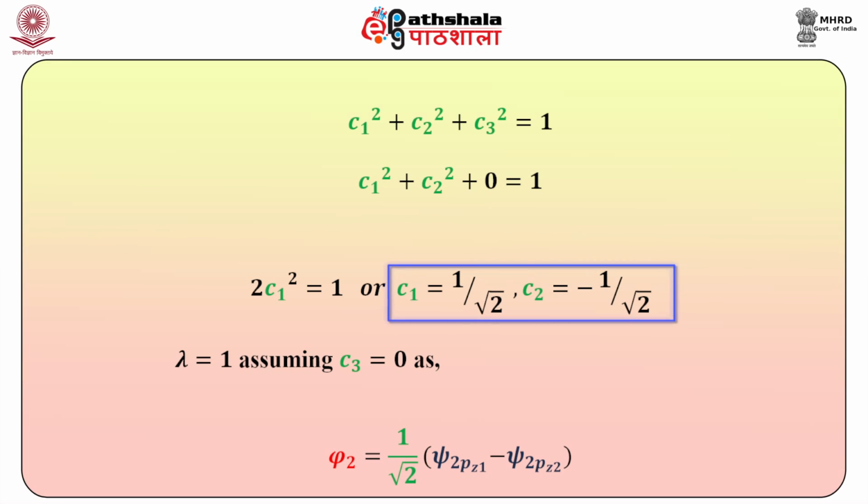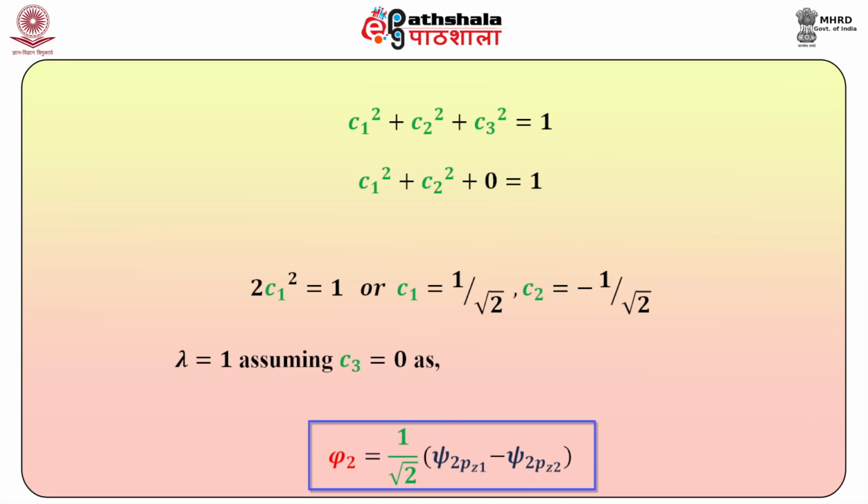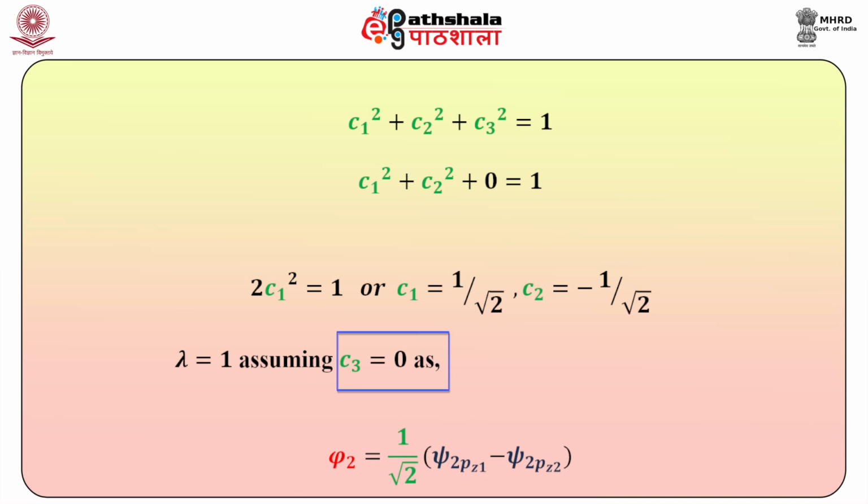And therefore, the wave function for this molecular orbital becomes psi 2 is equal to 1 upon under root 2 times psi 2pz1 minus psi 2pz2. Please note here that we are assuming C3 to be equal to 0.